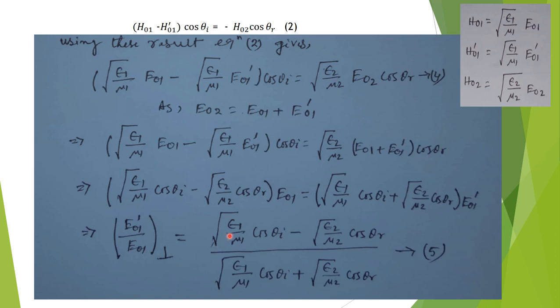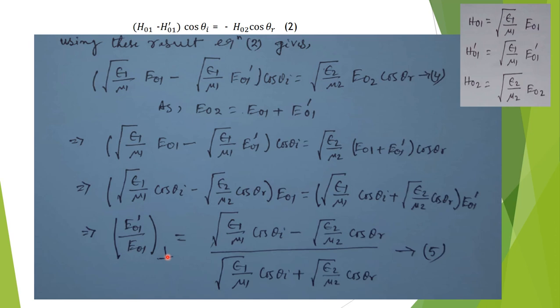That means this equation can be written as e dash 01 by E01 perpendicular is equal to root epsilon 1 mu1 cos theta I minus root epsilon 2 mu2 cos theta divided by root epsilon 1 mu1 cos theta I plus root epsilon 2 mu2 cos theta.